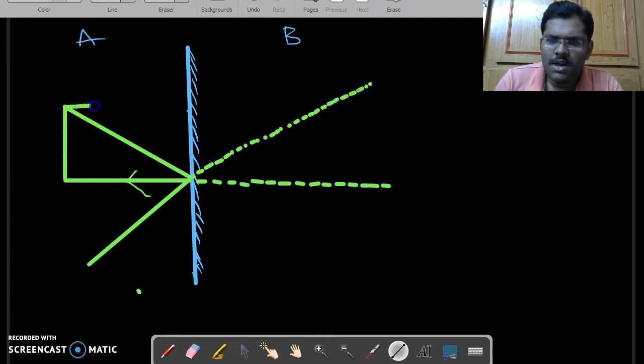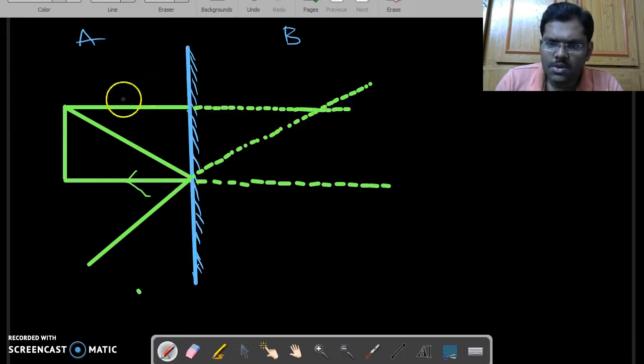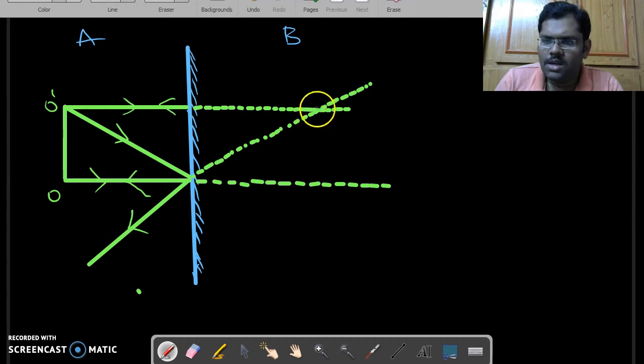And considering another straight line over here, this is the incident ray and it reflects back. This is the incident ray and this is the reflected ray. This is the object, consider it as O dash. We can see here that the two reflected rays, when extended, are intersected.